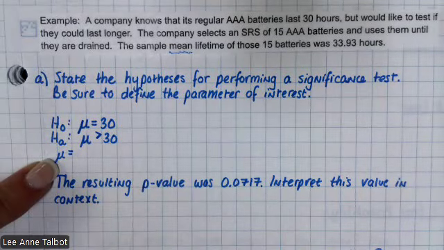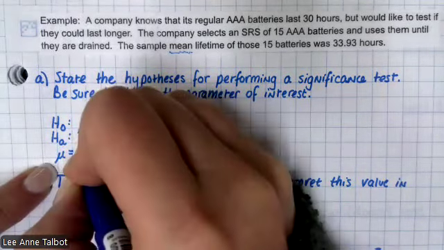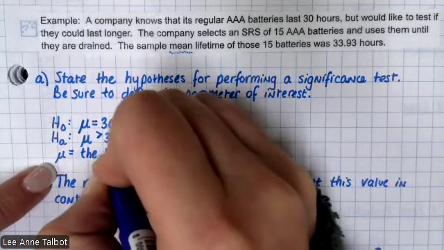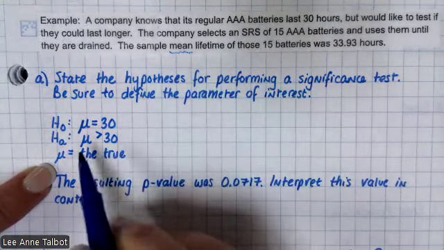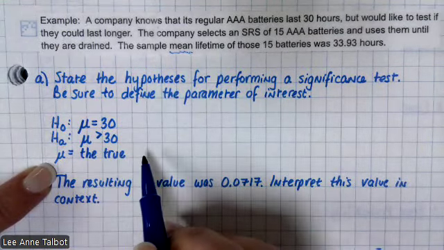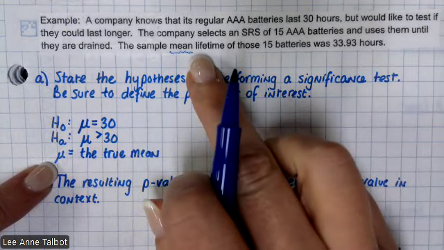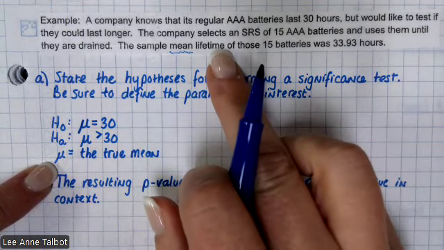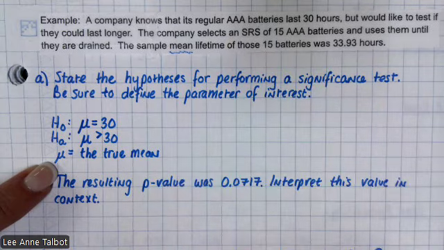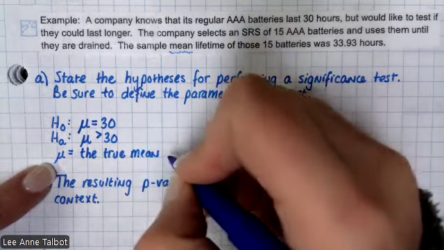And then this part is the context of words. So you always start it with the true. If it's a proportions problem, you would say the true proportion. This is a mean problem, so we're going to say the true mean lifetime of AAA batteries.